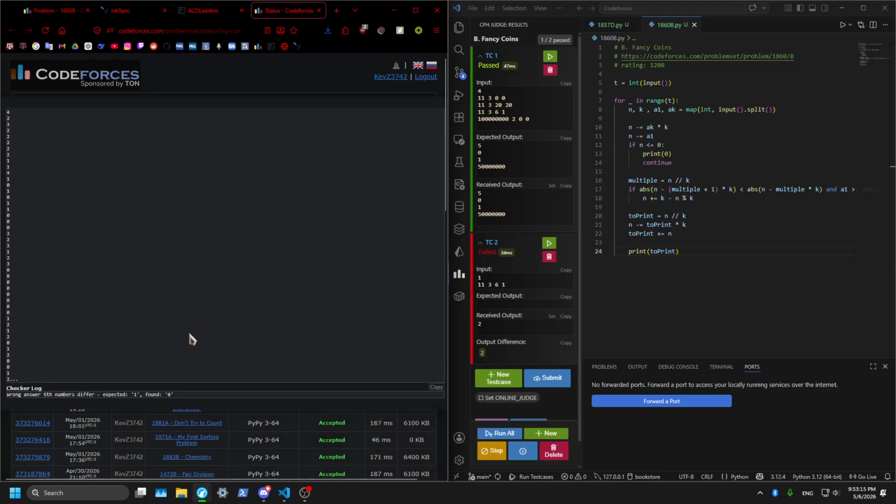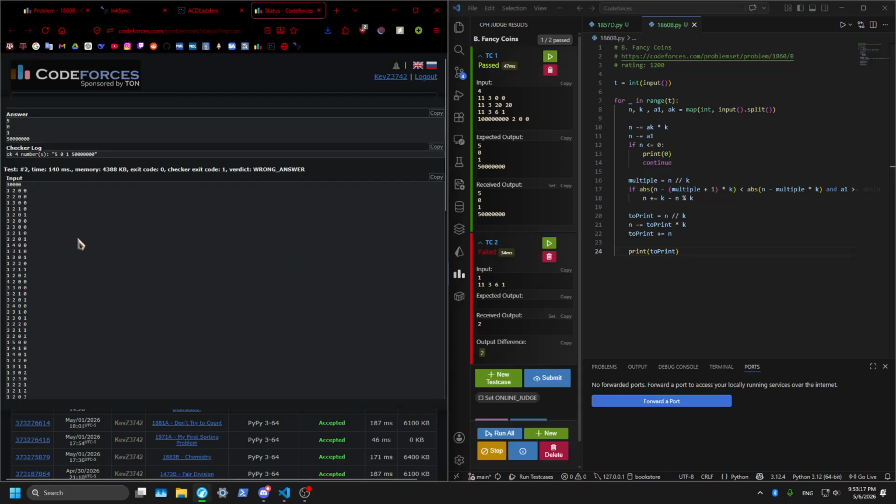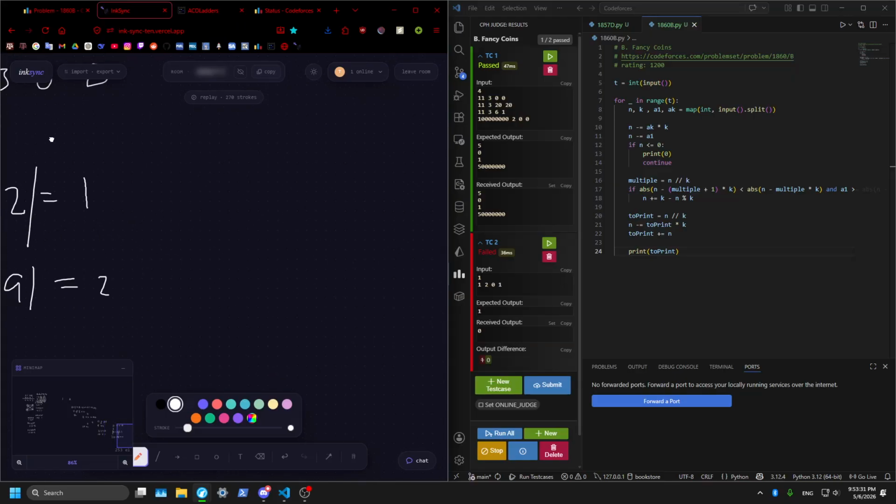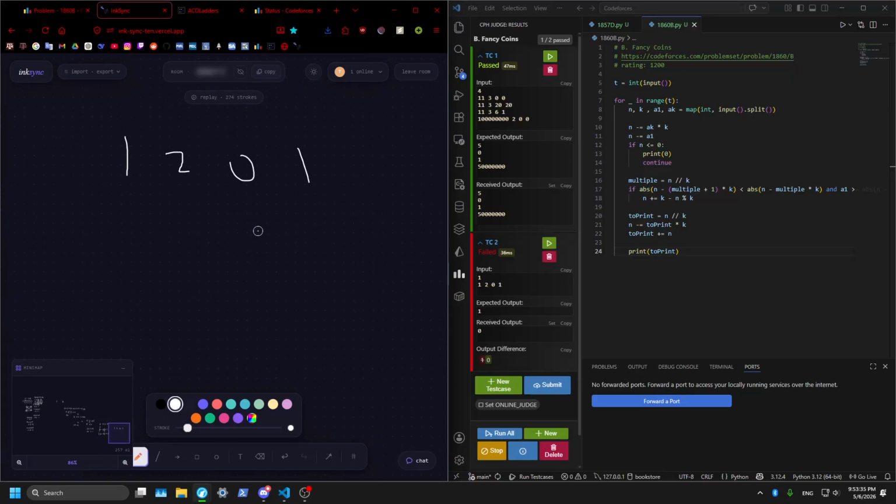Fifth. Expected 1 found 0. This one? 1201, I guess.